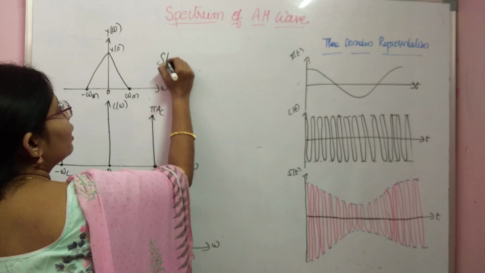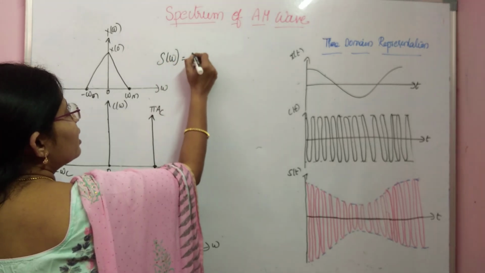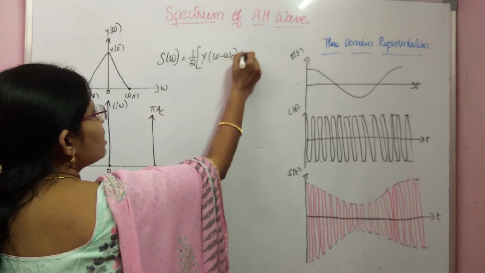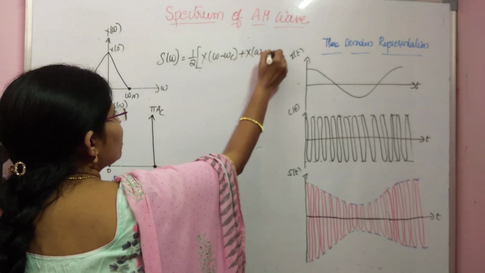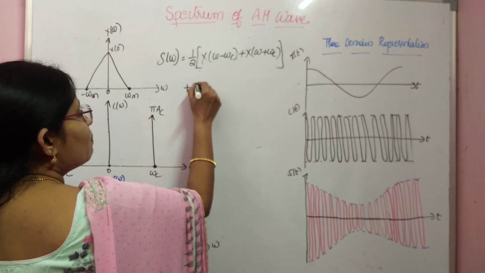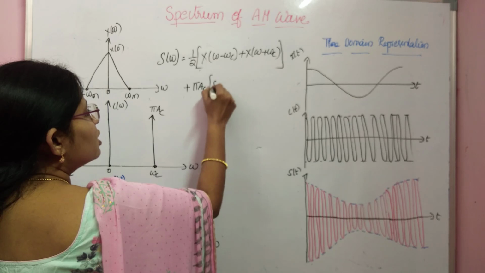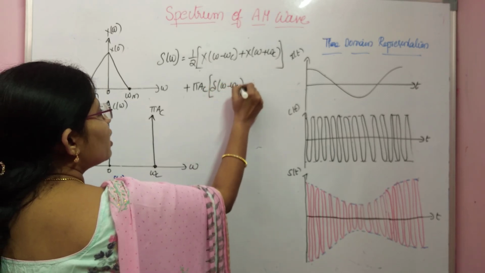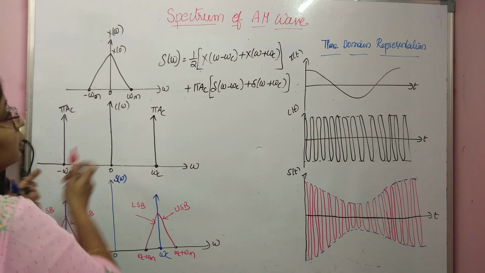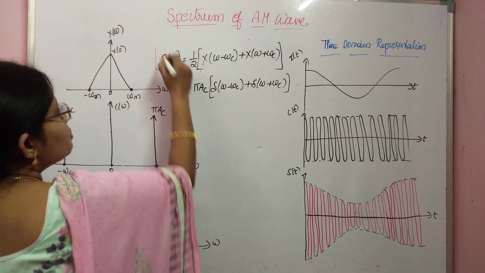Sorry, S of omega. S of omega is half of X of omega minus omega c plus X of omega plus omega c, plus pi Ac of delta of omega minus omega c plus delta of omega plus omega c. Okay, so this is the expression.